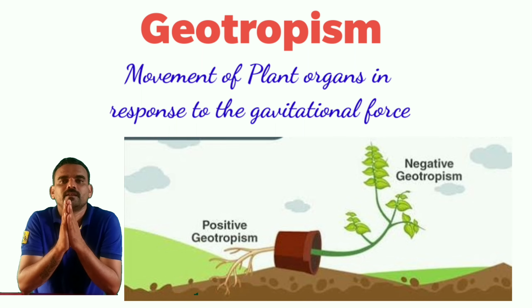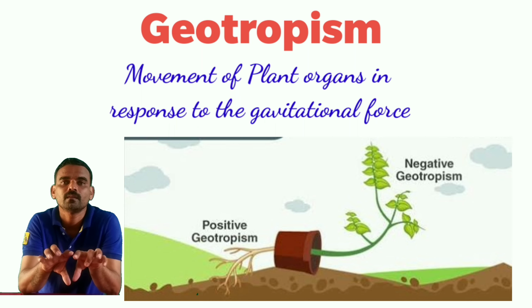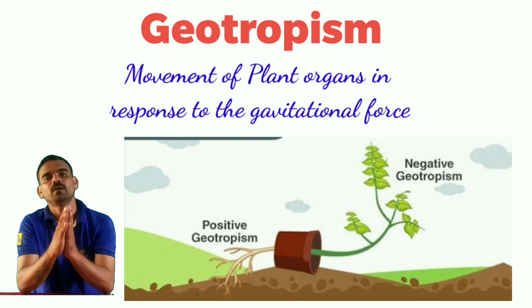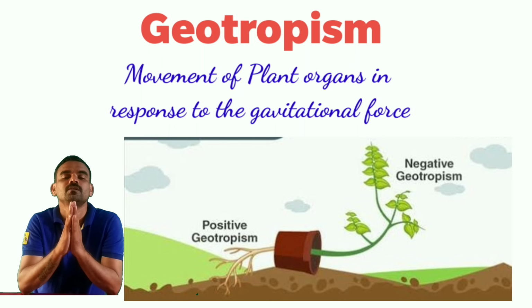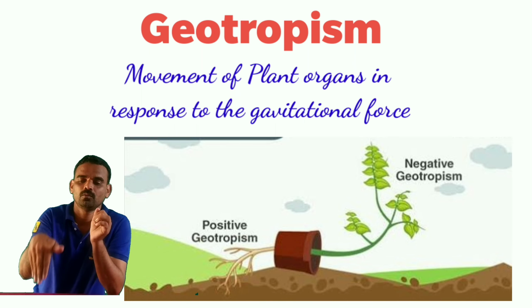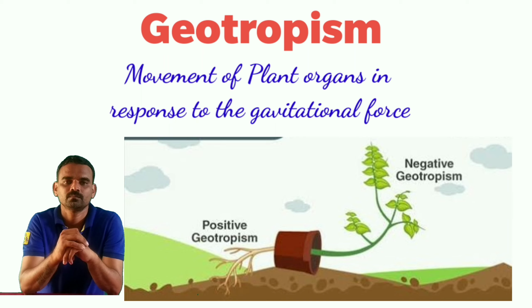Again, the negatively geotropic organ is called stem. If you keep any plant in a pot in horizontal position, its stem will grow upward or in negatively geotropic manner, and root will grow downward, that means in positively geotropic manner. That is called geotropic growth.